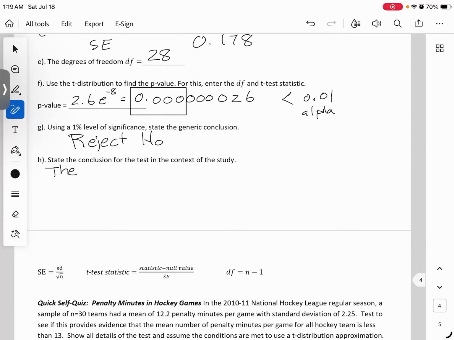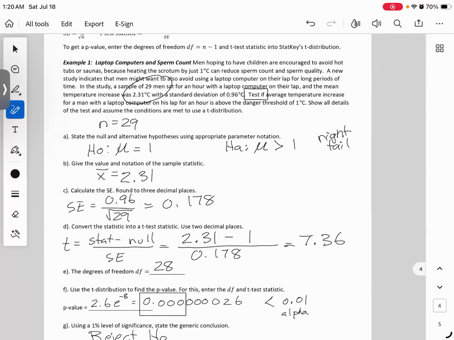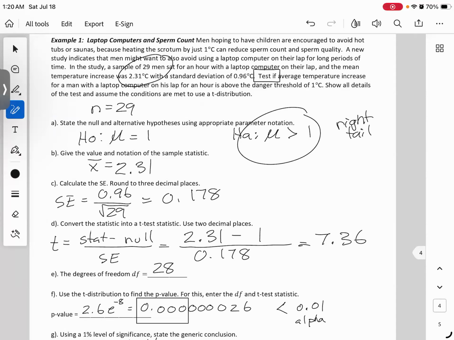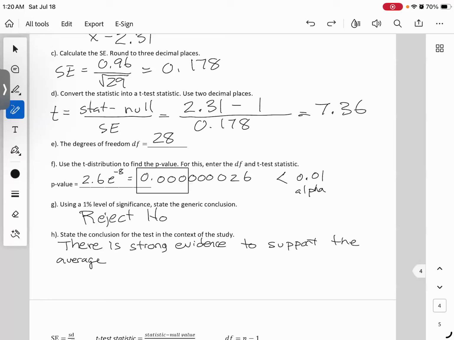On this one, there is strong evidence to support, whichever word you want to use, that the average is greater than one. All you're restating is the test: that the average temperature increase with the laptop on the lap is above the danger threshold of one.